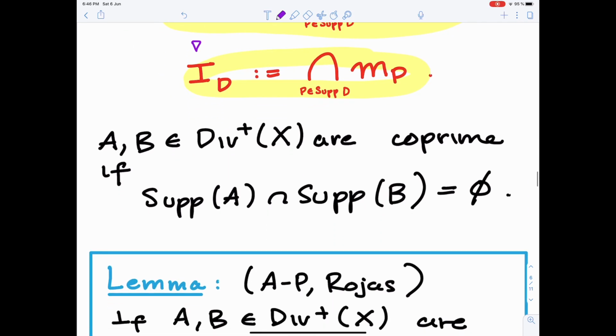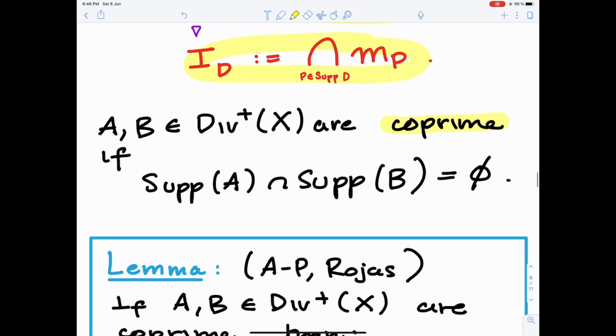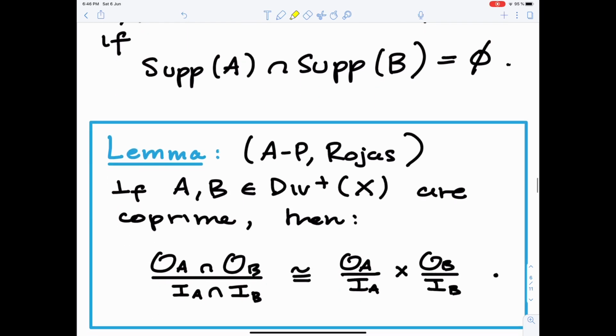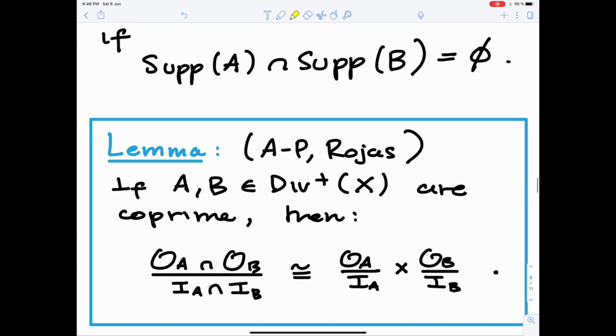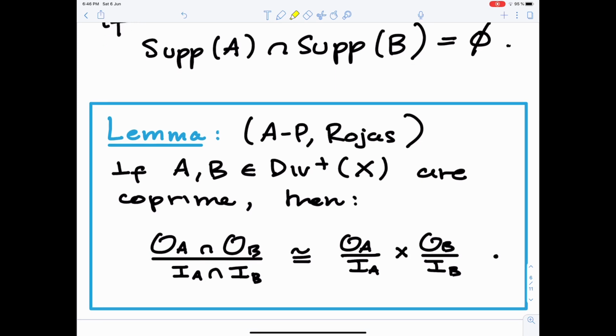And well, recall that two effective divisors are called coprime basically if they don't have any prime powers in common, right? So if their supports have empty intersection. So the first result we have, which is a simple lemma in commutative algebra but turns out to be very important for the applications, is that if I have two relatively prime effective divisors A and B, then we have this ring isomorphism.